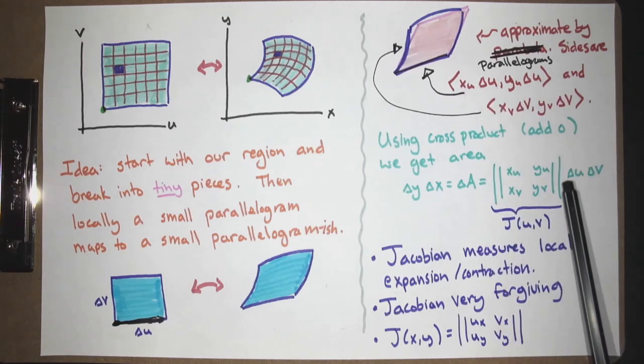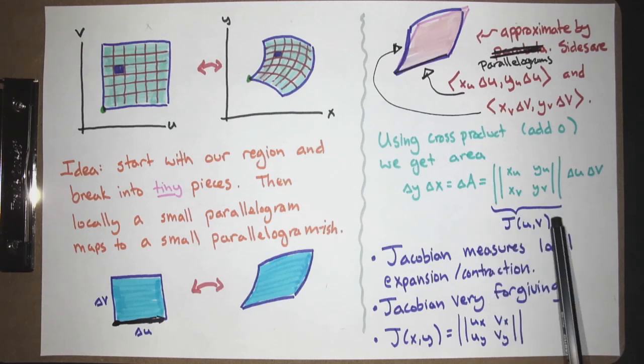These delta u's and delta v's pull out of this determinant. So there's a moral here: determinants are measurements. A 2 by 2 determinant is a measurement of an area, and particularly, it's measuring a particular parallelogram. And so this is the object we're interested in. It's called the Jacobian, named after Jacobi.